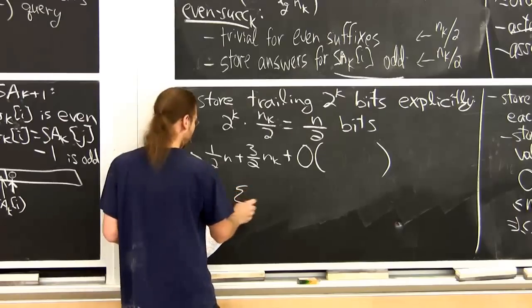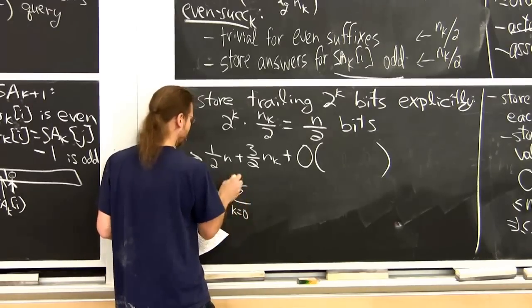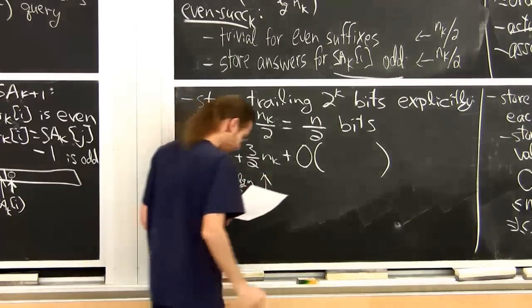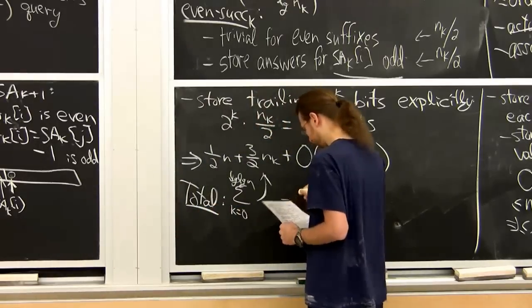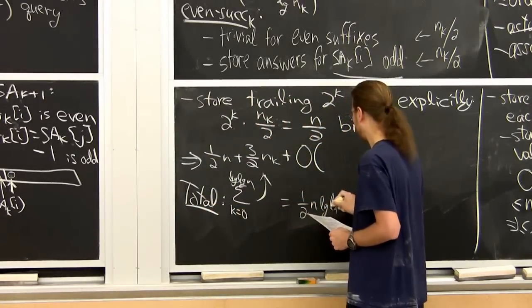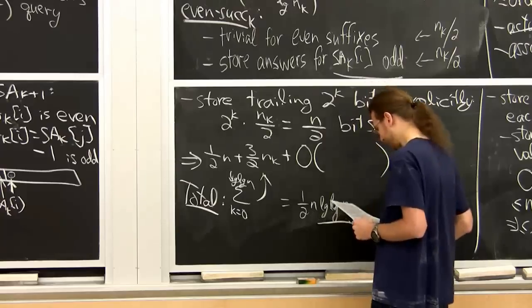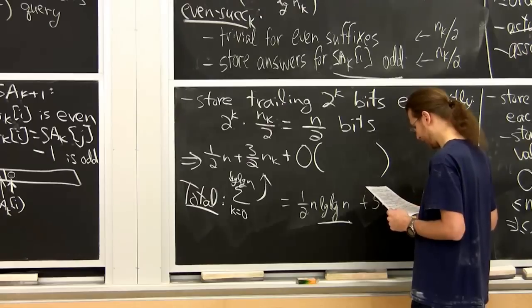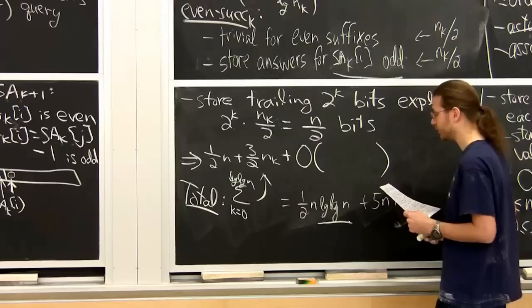We're summing k equals 0 to log n of this thing. And this comes out to half n log n. This is bad. We want to get rid of that, but that was our first aim. Then we have 5n. Did I miss a term?